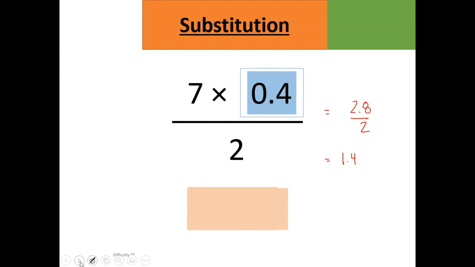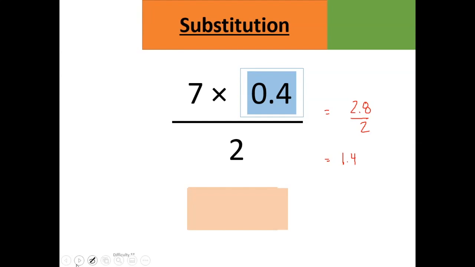Does that make sense? 7 times 0.4 equals, okay. I just gotta watch how I put them in the calculator.